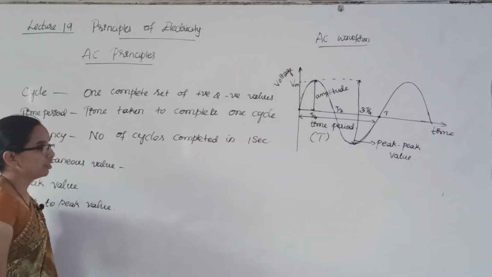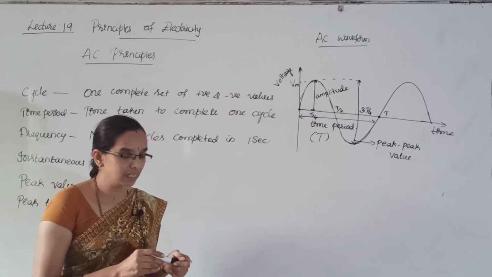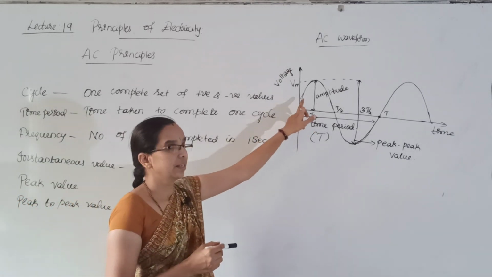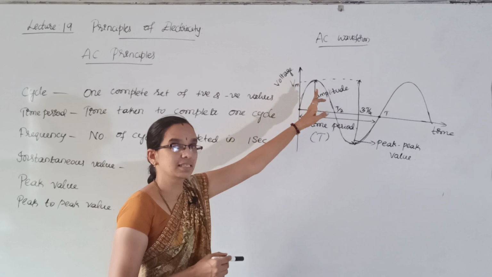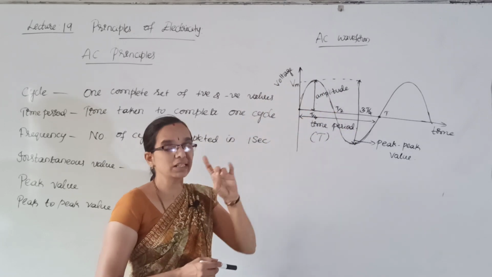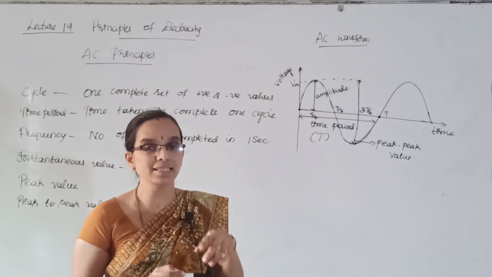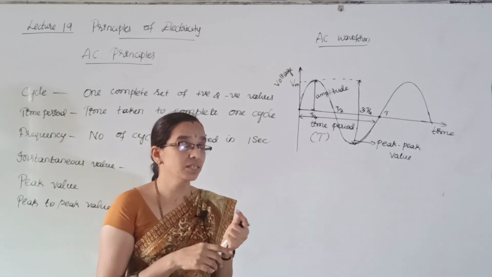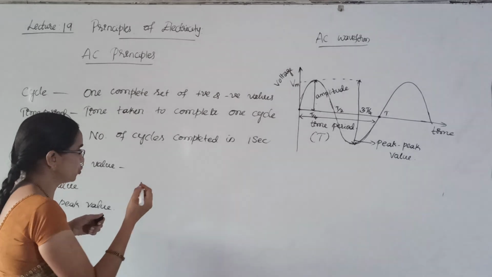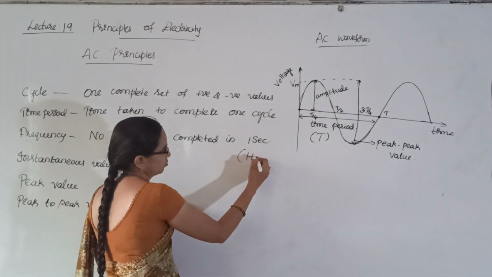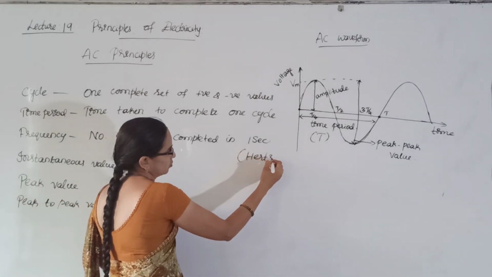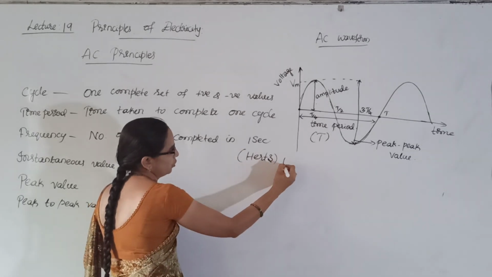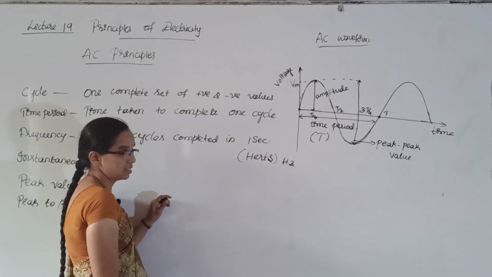That means frequency is how many cycles, n number of cycles in 1 second, that a sinusoidal waveform will travel, and frequency is measured in hertz. You can indicate it using Hz.